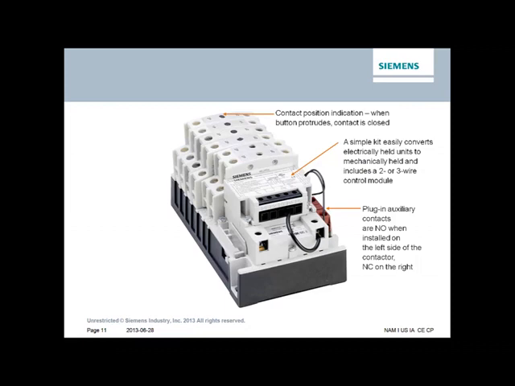The LC also has plug-in auxiliary contacts, which are normally open when installed on the left side. If you take that same auxiliary contact and then you mount it over on the right side, now it becomes a normally closed. This innovative design allows you to use the same auxiliary contact, which you could consider in a neutral state, if you will, and that contact can be either normally open or normally closed.